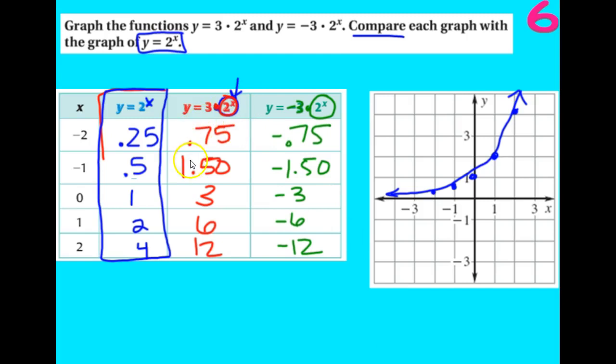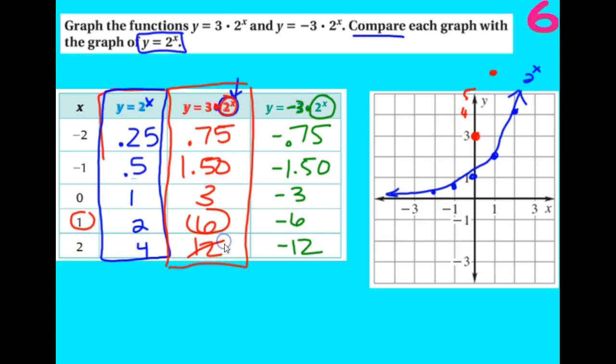Then I'm going to do the same thing, plotting this next one. If you only have a pencil, maybe label this one 2 to the power of x. Our next one at 0, we're up 3, right there. At 1, we're up 6. Well, 6 isn't going to fit on here. It would be right off the graph there.